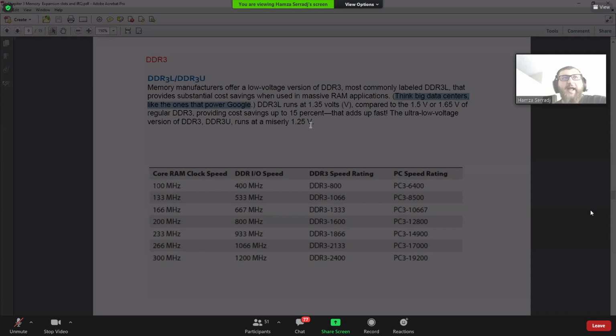So even if I have 1 millivolt that I can improve, at the end of the year I will have an improvement on my electricity bill, of course, even if it's 1 millivolt, because I'm using hundreds of thousands of RAM running on servers 24 hours, 7 days a week.